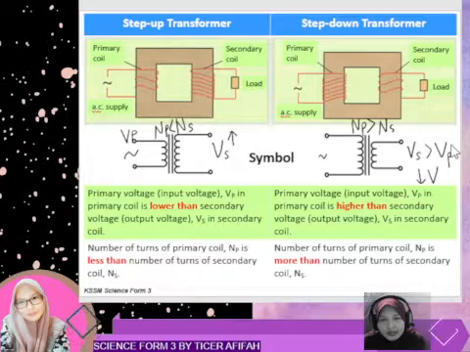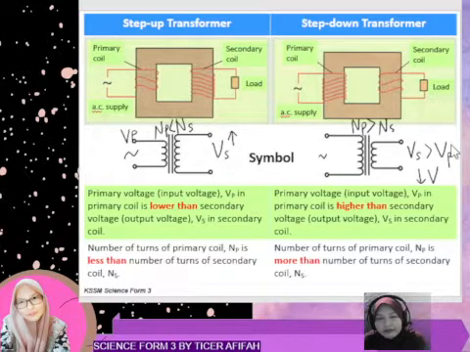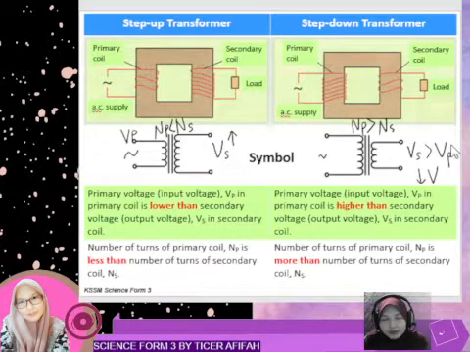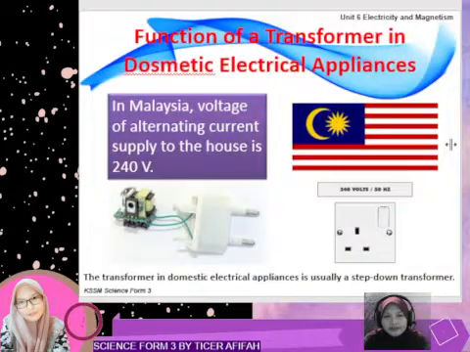This means that the secondary voltage produced will be decreased, because the number of turns at secondary is less than the number of turns at primary. So the secondary voltage produced is also less than VP, the input voltage.